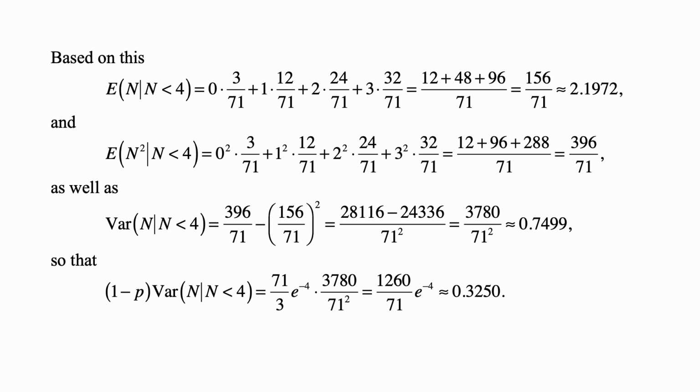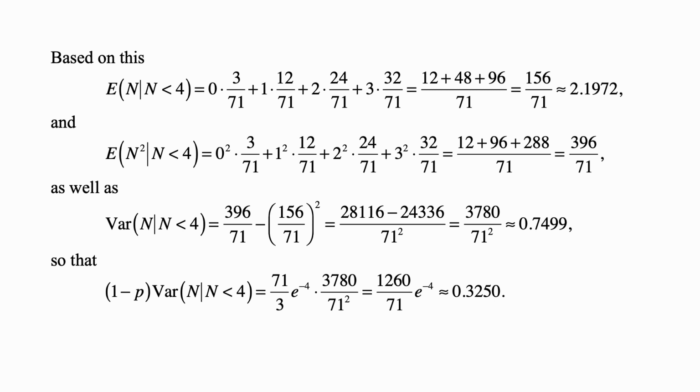So now we bring that value back to the previous equation we had, in which we had the 1 minus p times the variance of N, given that N is less than 4. We're actually trying to establish that value to bring it all to the previous equation.